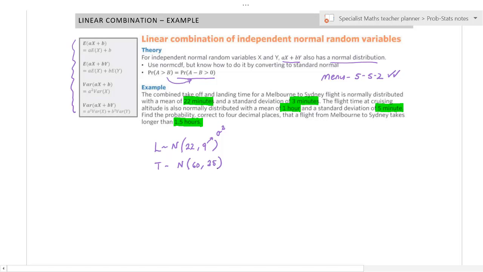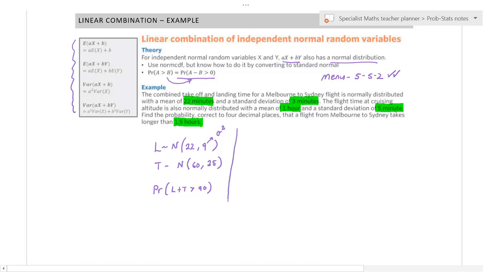Now what we want to find is the probability that L plus T takes longer than 1.5 hours, which of course is 90 minutes. Okay, and of course we want to work that out.